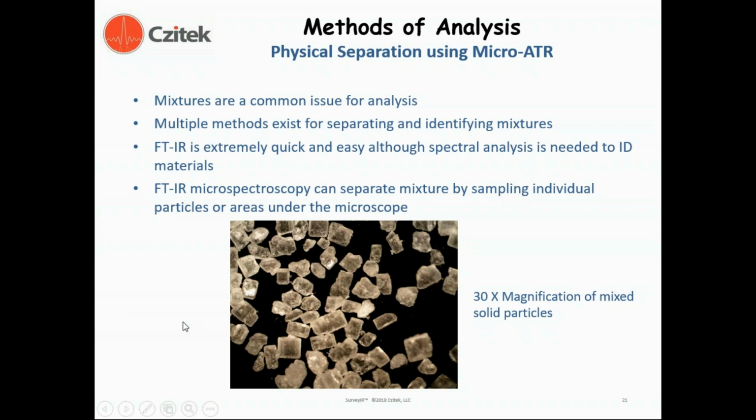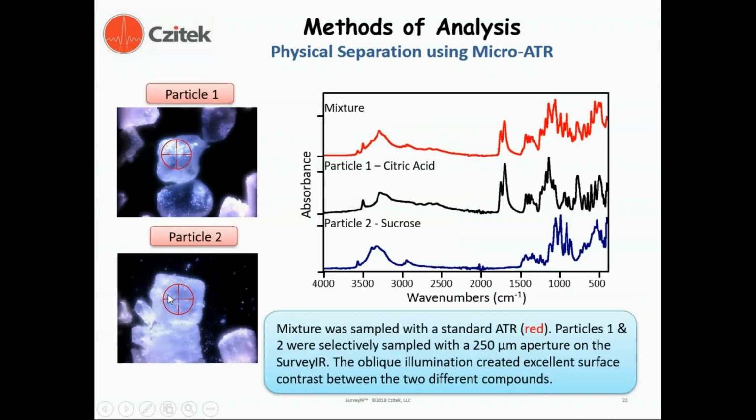In fact, infrared microspectroscopy is very powerful in its ability, from the microscopy observation, to infer that these materials are of different composition simply because they're of a different habit. This is called Pasteur separation, separating particles by different appearance or habit.